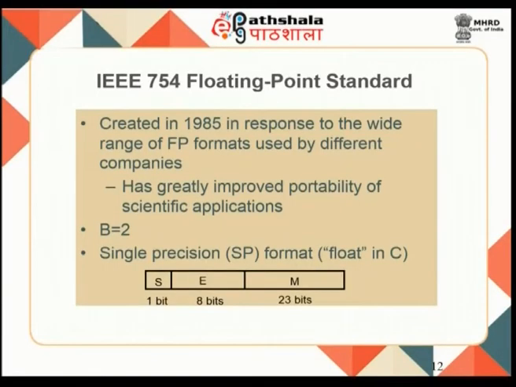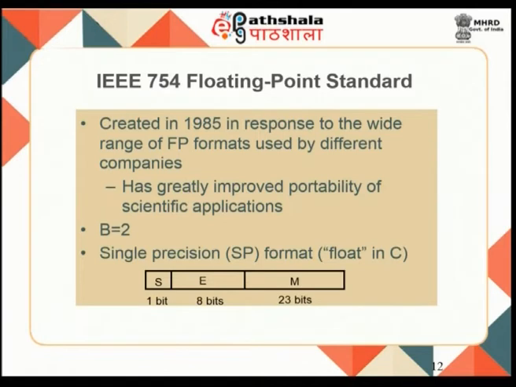But there are different ways of representing all this information, and if each one is going to represent it in a different form, you will not have any portability across different machines. So, there is a standard representation for floating point numbers, which is given by your IEEE 754 standard. This obviously improves the portability of scientific applications.